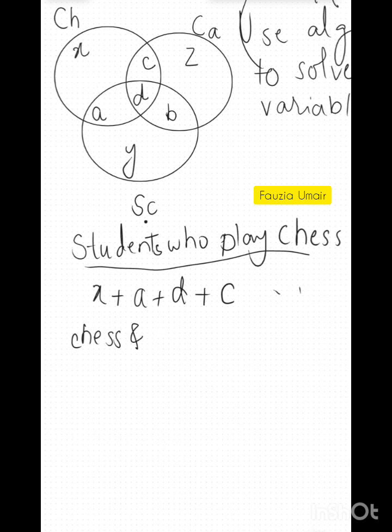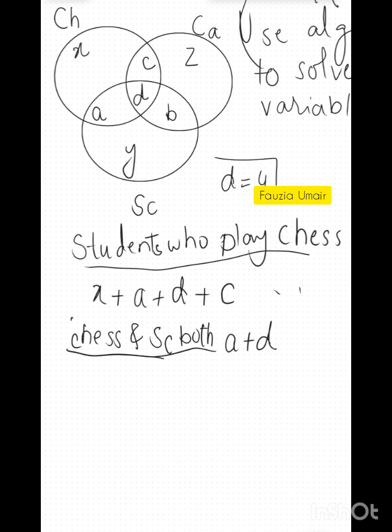First, I am making an equation for chess and Scrabble players. You can see the overlapping area is chess and Scrabble, those who play both. Those who play chess and Scrabble both are A plus D. It is given in the question that this is equal to 7. I haven't mentioned that D is given as 4.